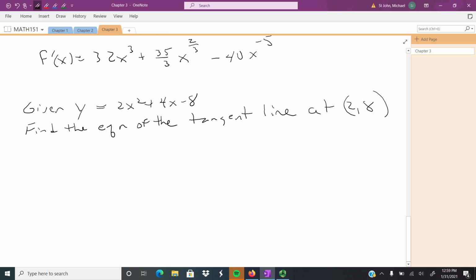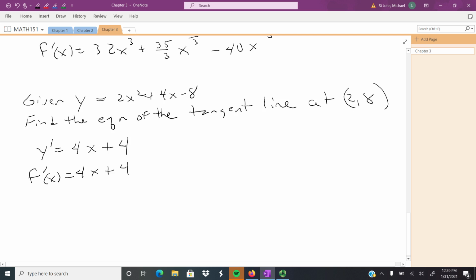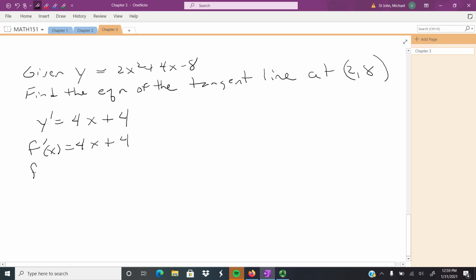Well, the first thing we want to do is find our derivative, because after all, the derivative is going to give us our slope. Right? So my derivative is 4x plus 4. And then we want to evaluate that when x is 2. That's 4 times 2 plus 4, so that is 12. Right? So we know the slope.